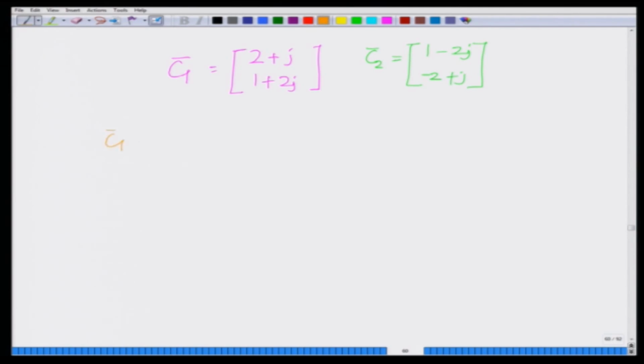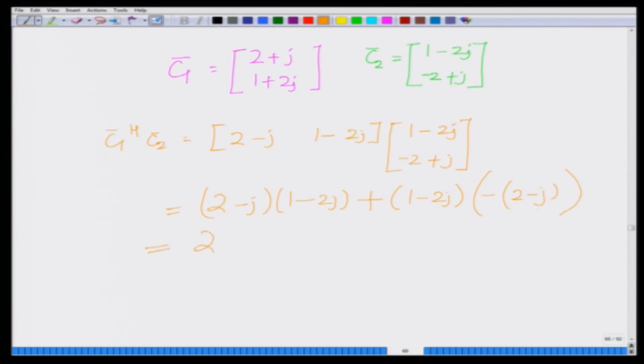Therefore, C1 bar Hermitian C2 bar equals, Hermitian means transpose and take the conjugate, (2-j, 1-2j) times (1-2j, -(2+j)), which is (2-j)(1-2j) plus (1-2j)(-(2-j)), which is equal to (2-j)(1-2j) minus (1-2j)(2-j), which is equal to 0.